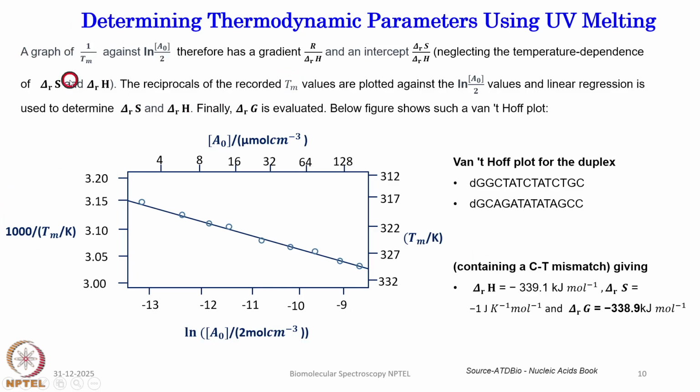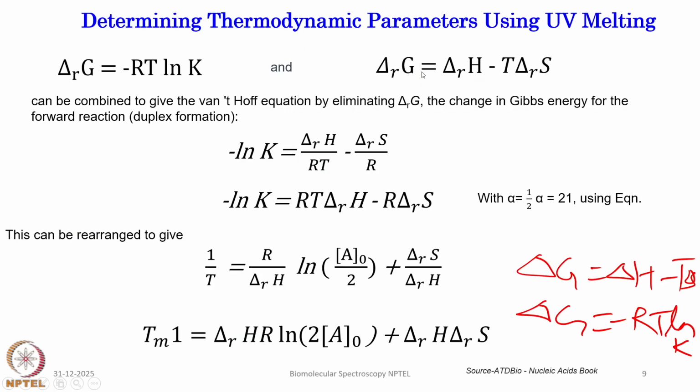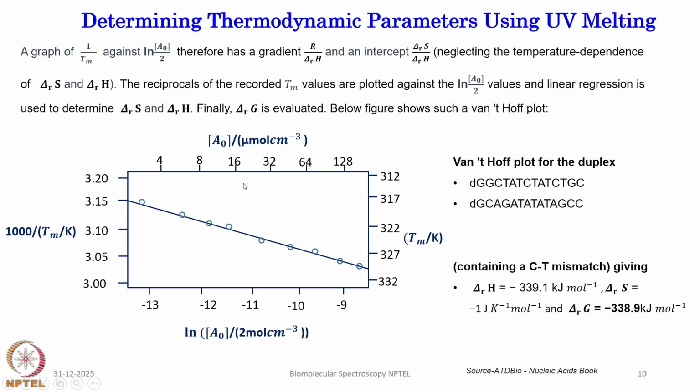So, this graph plots basically 1 by Tm against the ln of absorbance by 2. Therefore, the gradient is R by delta H and the intercept is delta S by delta H, just going back here, right, to this equation. You plot this versus this; this is your intercept, this is your slope. So, you can find it out.